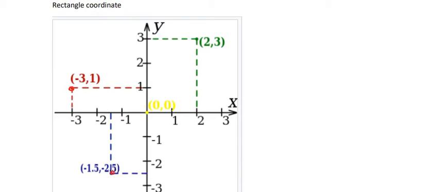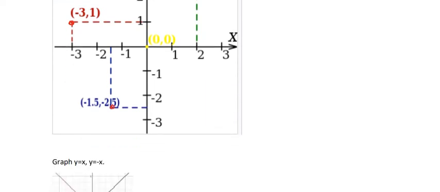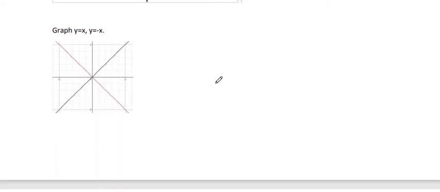So this is the rectangular coordinate system. Now we put the graphs of y equals x and y equals 3x on it. For y equals x, we pick x equals 0, y 0; x 1, y 1; x 2, y 2; x 3, y 3. So we get this line, and the equation for this line is y equals x.